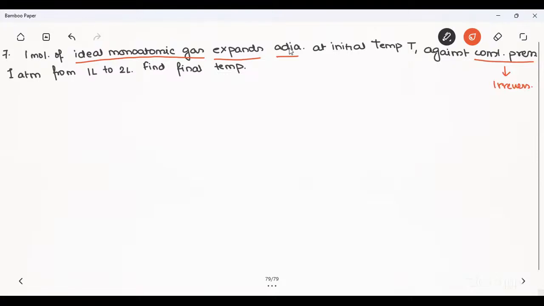So you know the constant pressure, you know adiabatically. So you will use the formula for adiabatic irreversible process, which is nCvm delta T equals minus P external (V2 minus V1). Okay, is this part clear? We are using directly the adiabatic irreversible process.